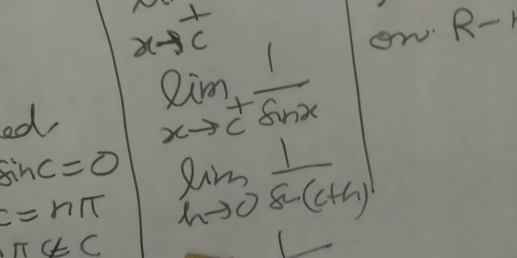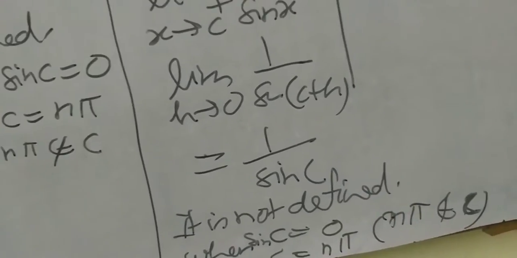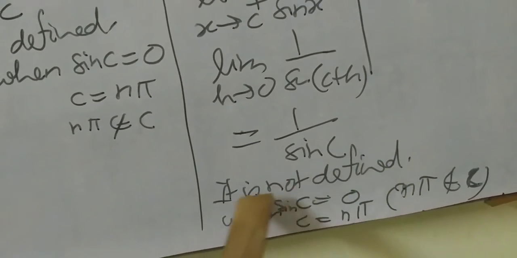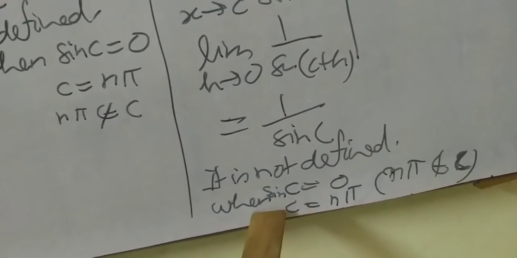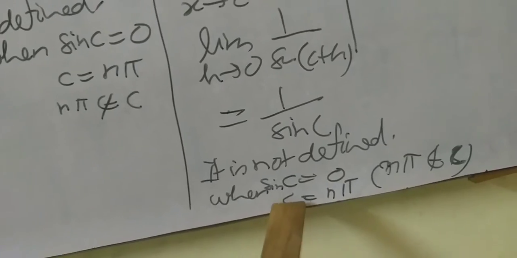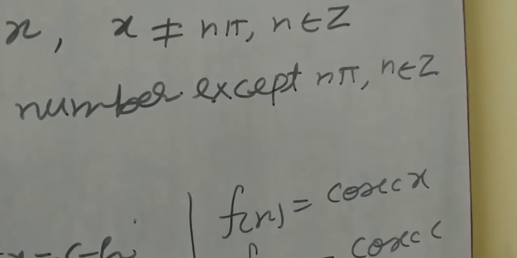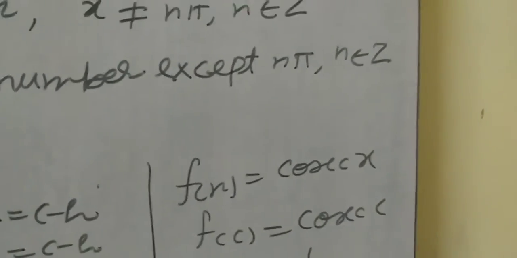That's why we are writing here limit h tends to 0, 1 upon sin (c plus h). When you put h equals to 0, students, then the answer is 1 upon sin c. It is not defined, students, when sin c equal to 0, means c equals n pi, and n pi does not belong to the domain. This is LHL, this is RHL also.